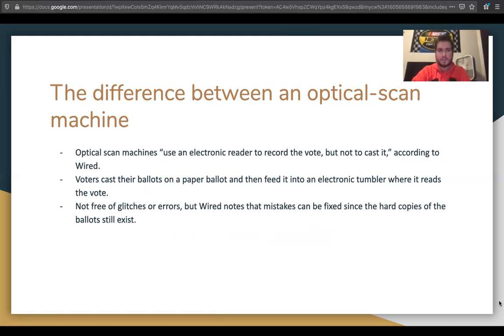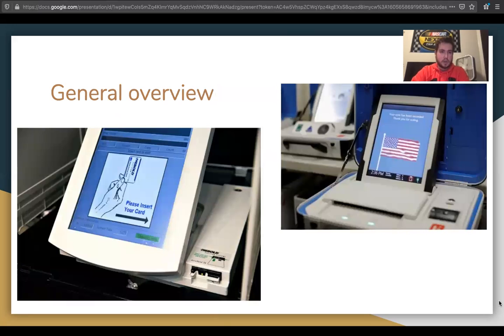So from personal experience, when I went to fill out my ballot a few weeks ago, I voted in person. I filled out a paper ballot, fed it to an electronic tumbler that read the vote and counted it for me, I should say, as you see there. Not free of glitches or errors, but Wired notes that mistakes can be fixed with these machines, since the hard copies of the ballots still exist. You're just feeding them in, and it's counting the ballot for you.